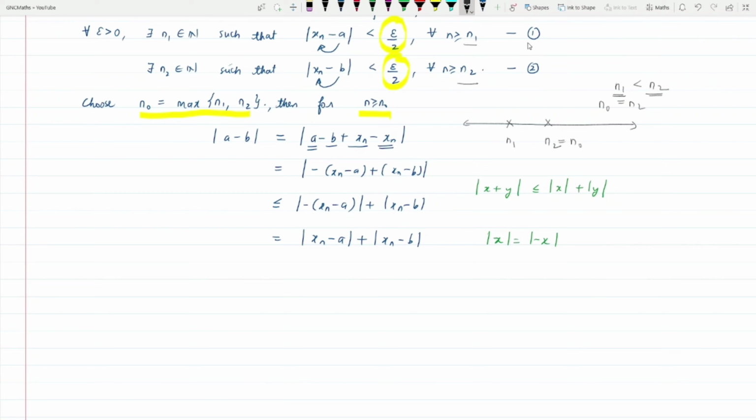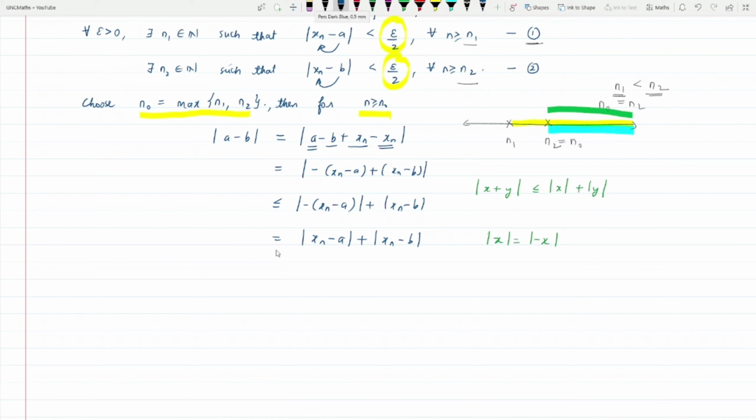Now look at the inequality in 1. It is applicable for all natural numbers which are bigger than n1. So it is applicable on this part for all the natural numbers on the right of n1. And same if you look at inequality number 2, that is applicable for all natural numbers which are bigger than n2. Now we need a common range. So since we have chosen n0, we can see that both the inequalities are actually applicable for n equal to n0.